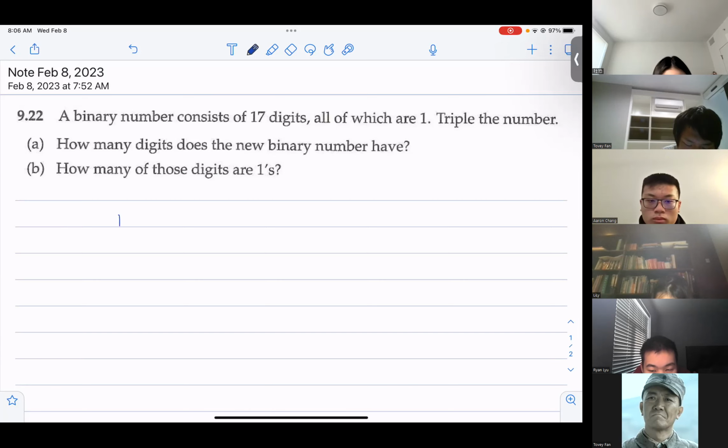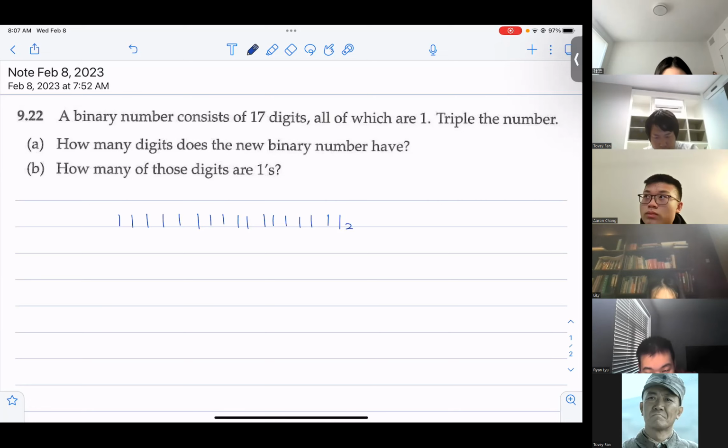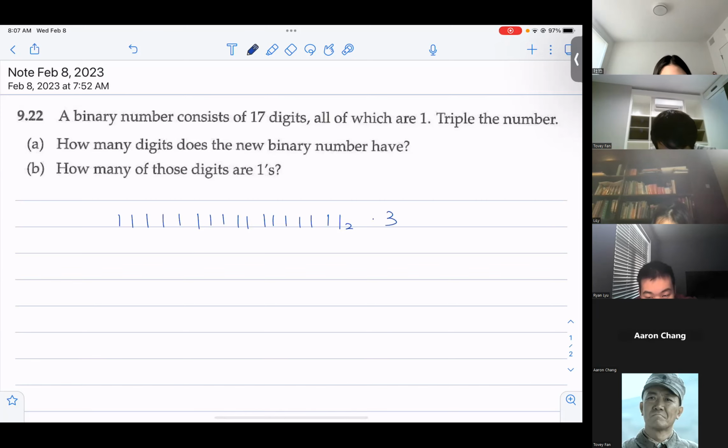You could say it's 17 ones, right? 1, 1, 1, 1, 1, 1. So 10 ones, 15, and 17 ones. So this is in binary. You want to triple the number, meaning that you're going to times it by 3. But if you want to do a multiplication in a base number, you're going to convert this 3 into a base 2 number, right?